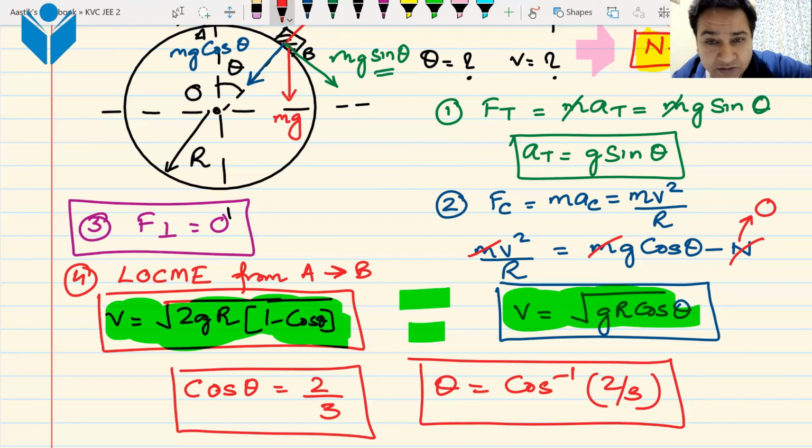Remember, normal reaction has become zero and it has to leave. Now I will have to restrict it somehow, hold it tight, and somehow make it move on this circular track. That will be a question in the coming classes.